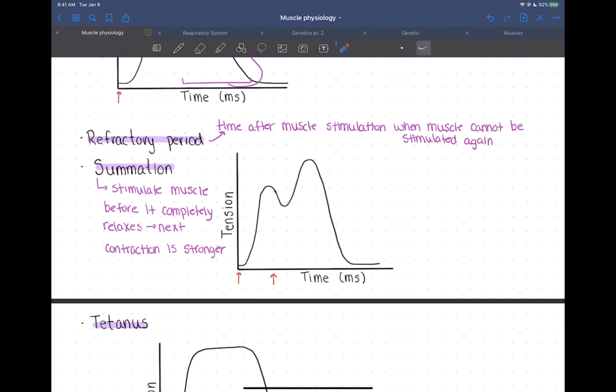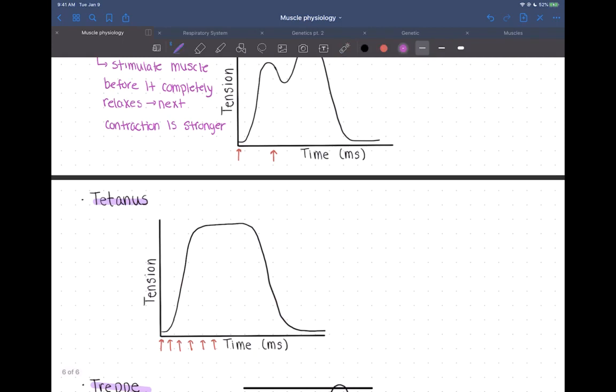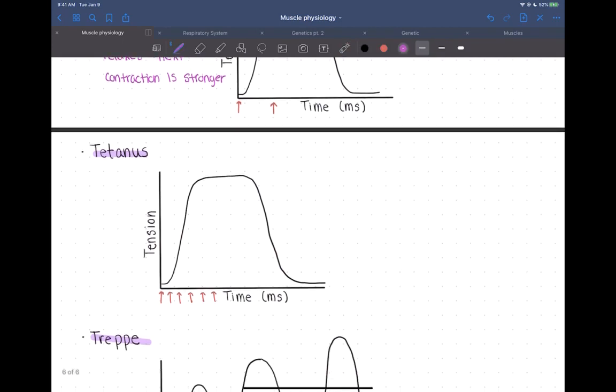And then also with skeletal muscle, we can get a concept called tetanus. With tetanus, rapid stimulation gives you sustained contraction.